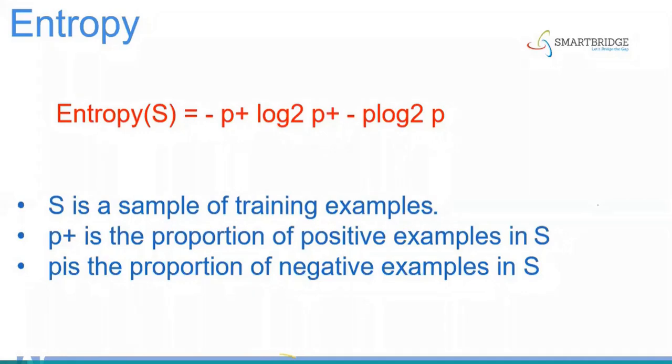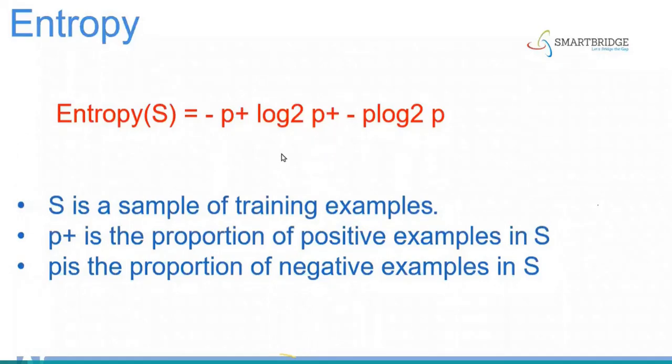In the data set that I've given you, what is the proportion of positive examples? In the data set, 9 are yes, positive, and 5 are no, negative. So based on this formula, you will get the entropy value.